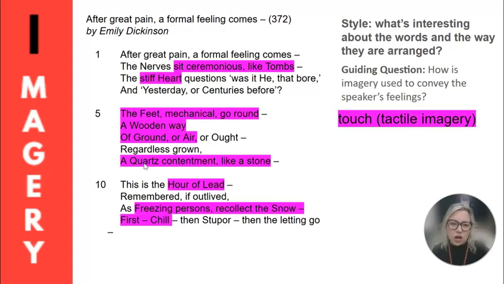The quartz, the hard, rigid surface of a quartz. Hour of lead. Lead, I think, creates a tactile image. We can feel the heaviness, the smoothness, the coldness, and certainly we can feel the freezing and the snow.